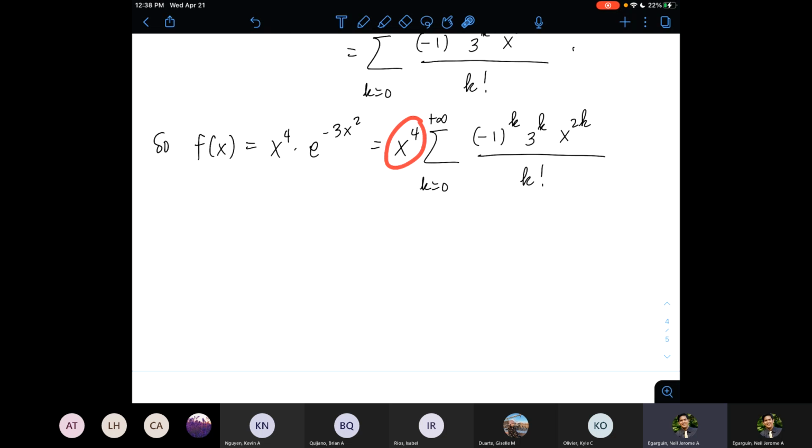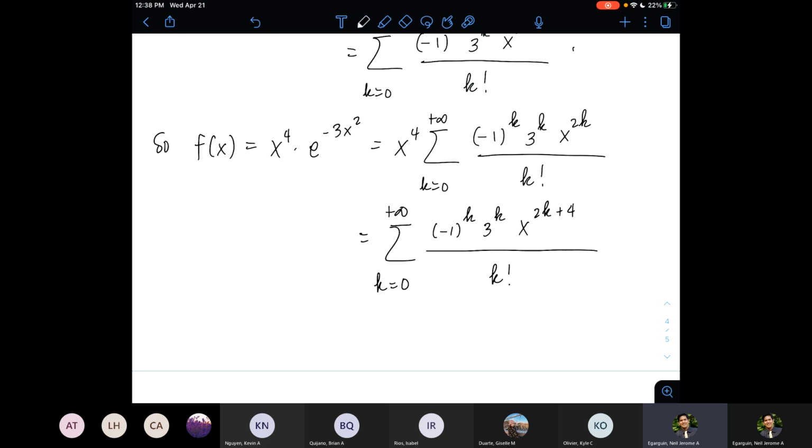But in the multiplication, x to the fourth can come inside of the sum. So this would be the sum of negative 1 to the k, 3 to the power k, and then we have x to the fourth times x to the 2k. So that's just going to be x to the 2k plus 4 all over k factorial, k going from 0 to positive infinity. And that's your series expansion, in particular, a Maclaurin series expansion for the function f.